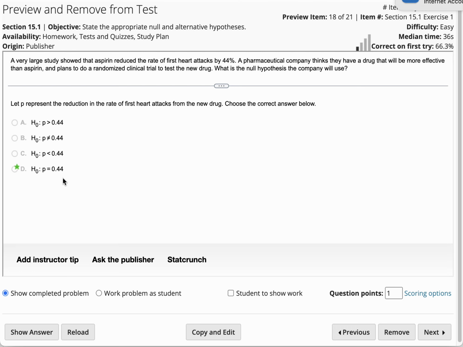They should go with what the large study put out there. All of these are not null hypotheses. They are alternative hypotheses. Why? Because the null hypothesis always has an equal sign.